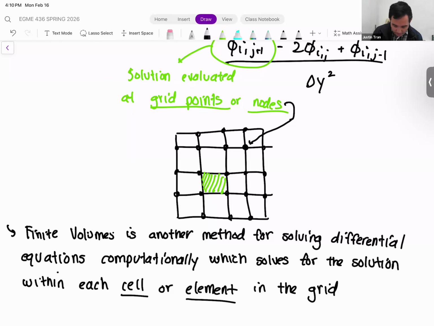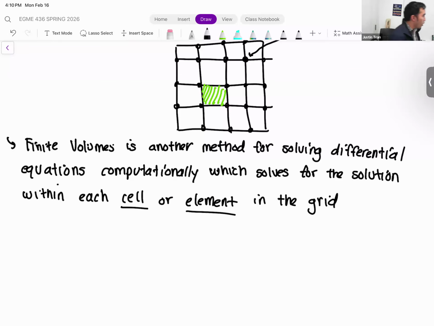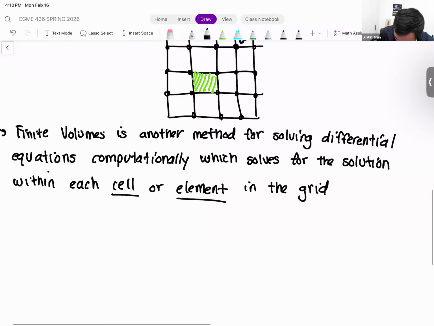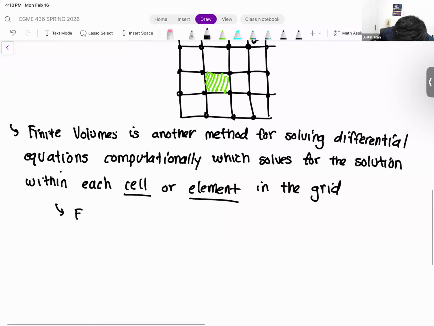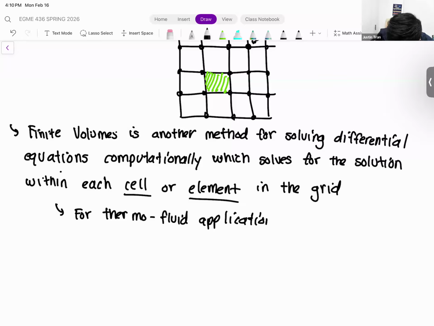Working with cells has a few strong advantages, specifically for thermal fluids applications. If you take a classical fluid mechanics class or a classical heat transfer class, the concept of a control volume is already built into the theory of these subjects.